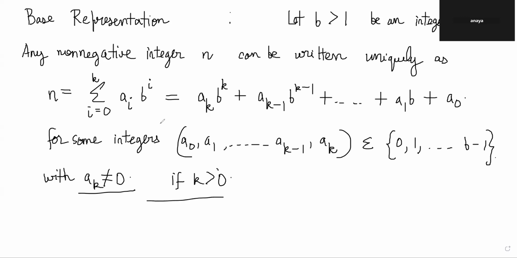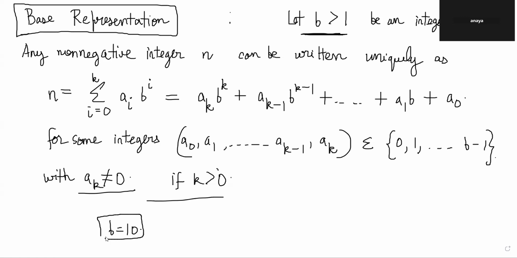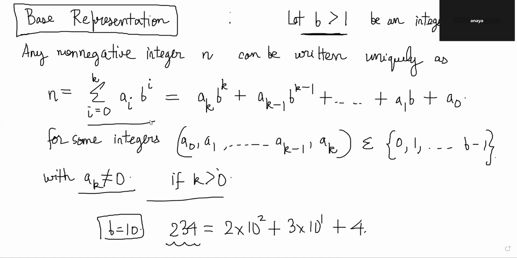So think about it, it looks complicated, but basically what we are saying is we can represent any number in any base. Here b is the base of those types of numbers. Usually b is 10 for us, right? When we write 234, we are writing it as 2 into 10 squared plus 3 into 10 to the power 1 plus 4. Notice that this is a 3-digit number, and the one we have written is a k plus 1 digit number.